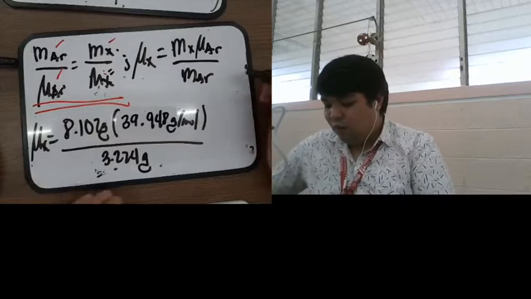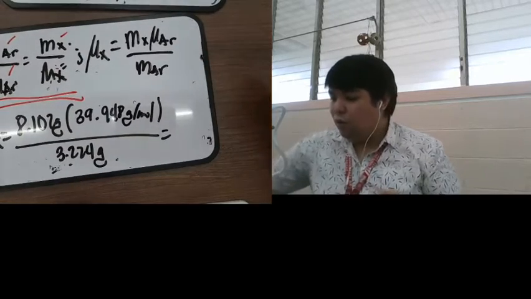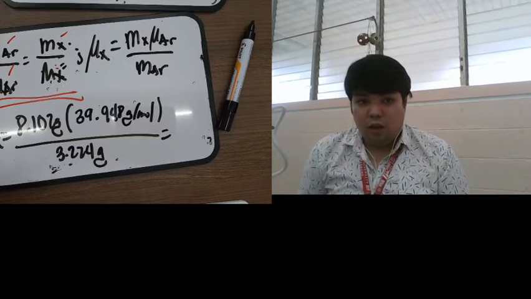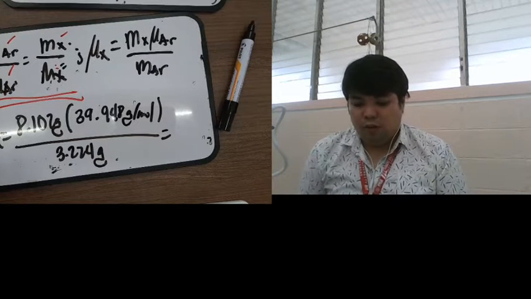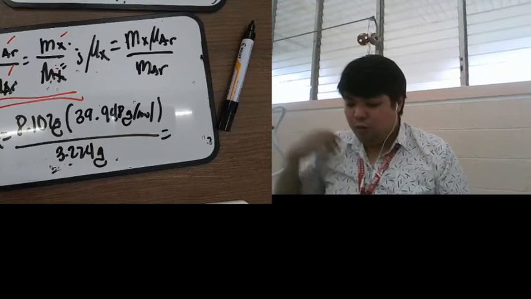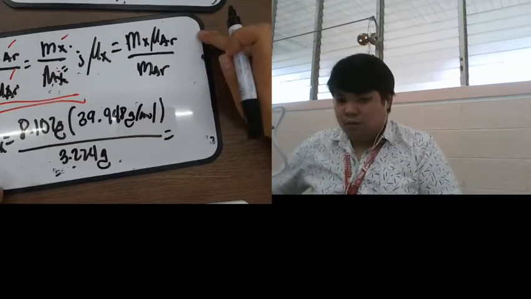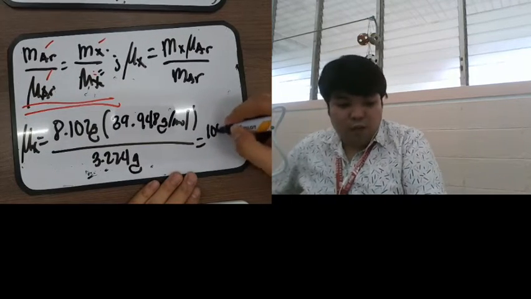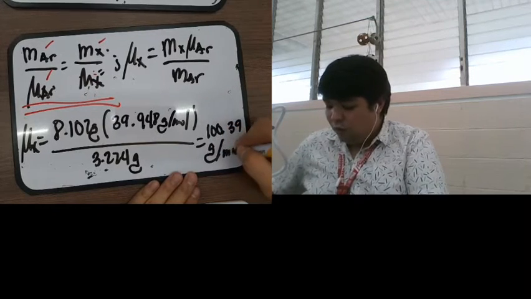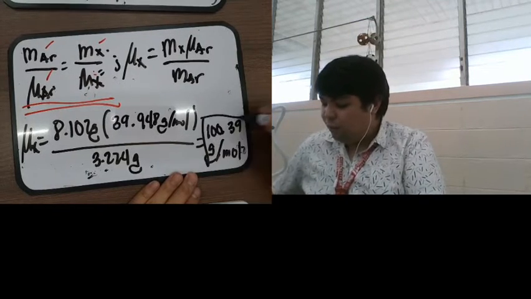Okay, so plug in the calculator: 8.102 times 39.948 divided by 3.224 equals 100.39 grams per mole. So that is our final answer.